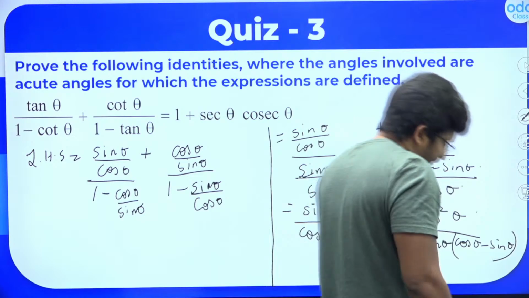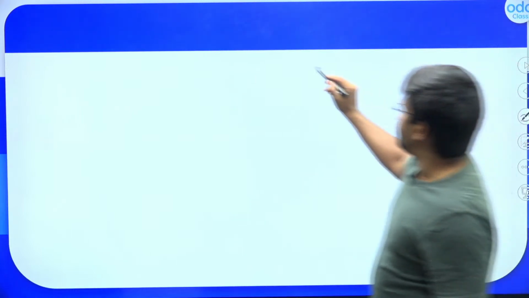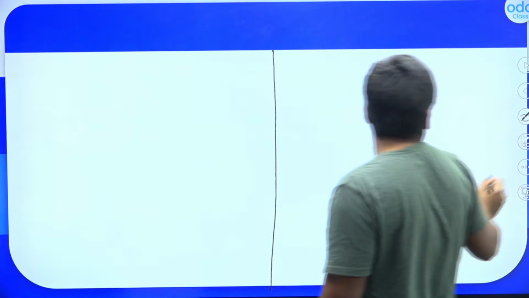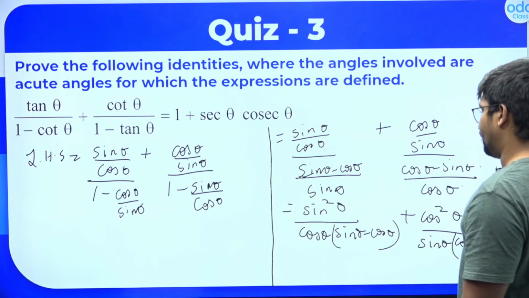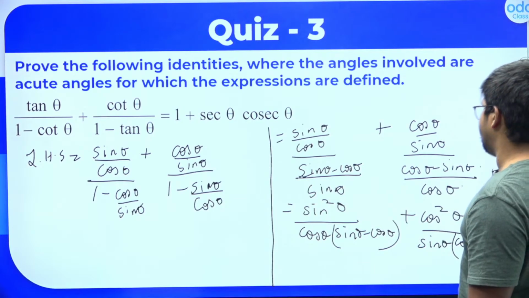Now let's do one thing. Let's simplify it further on the next page. Okay, so let's write it down once again here. So what we have currently is sin square theta divided by cos theta into sin theta minus cos theta.